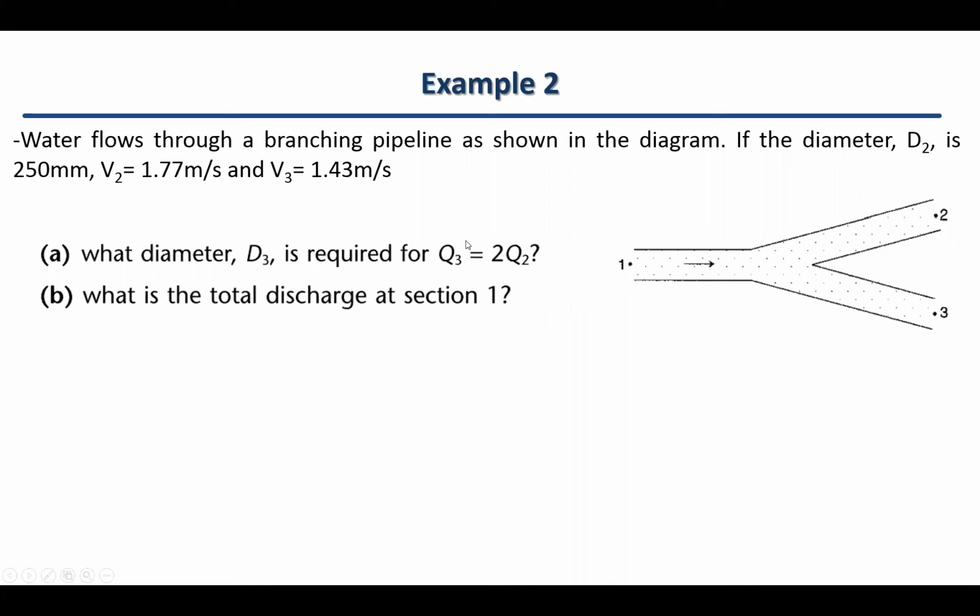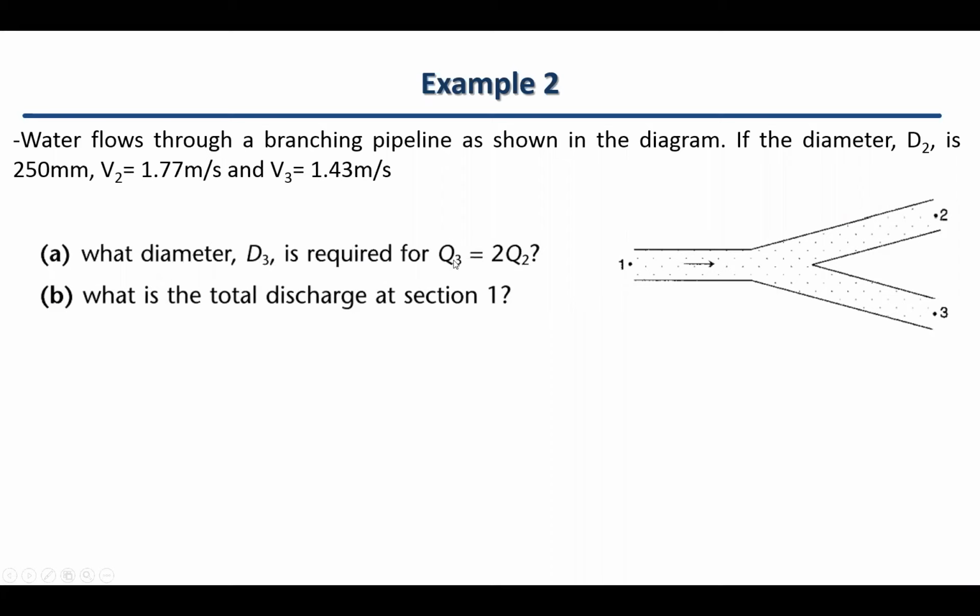Using this assumption, we need to substitute the equation for the flow discharge, which is VA. We have V3 and V2, and we can calculate the cross-sectional area A2 from D2, so the only thing remaining is D3.